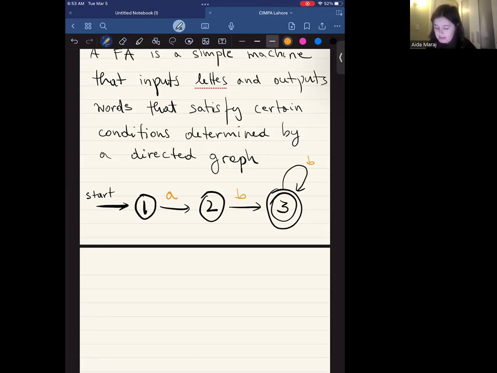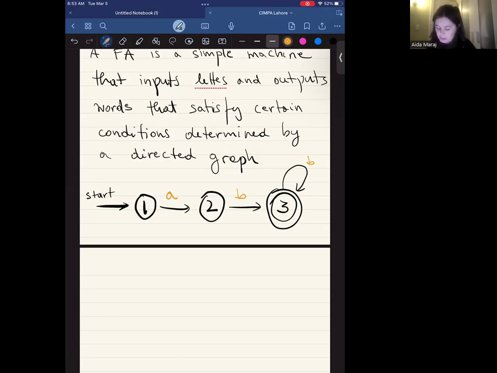It has states represented by the vertices. Some states have double circles. That means they are accepting states where we can stop and read the word. And the edges are directed and labeled by letters.